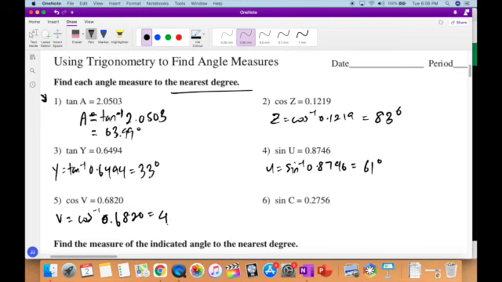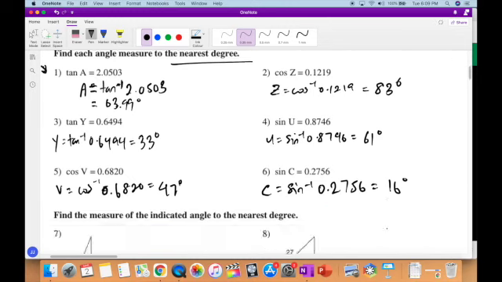C is the sine inverse of 0.2756, which is about 16 degrees, right? Good job.